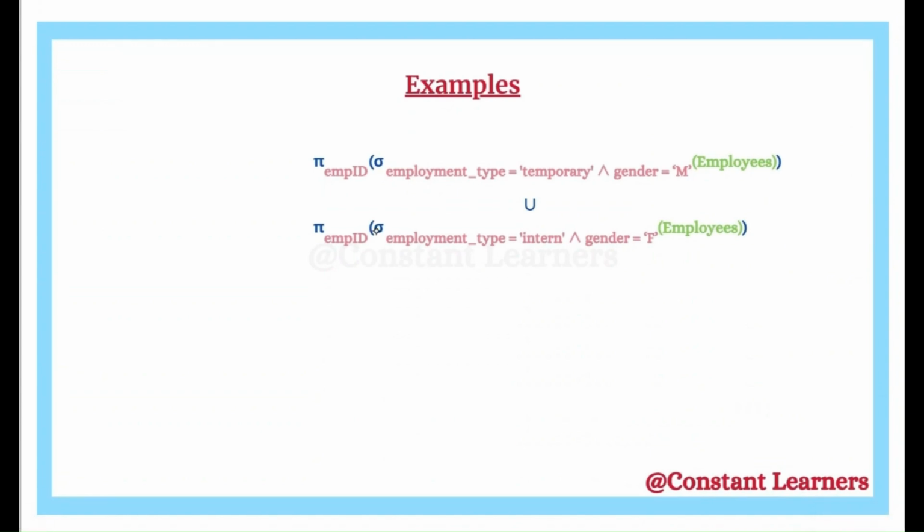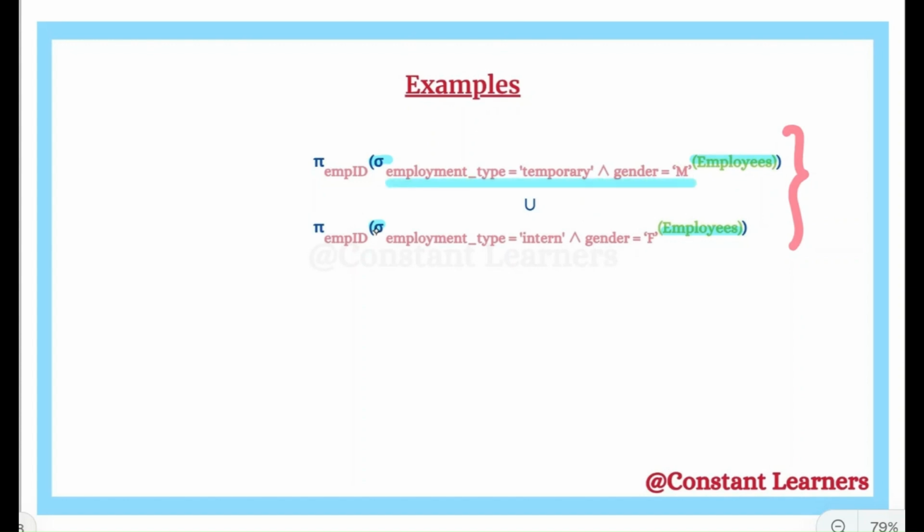We have this query that we discussed while learning about the union operation in relational algebra. This is the entire query, right? Now it is fairly complex, but there are far more complex queries. In this case, we have a relation employees, right? Now in this relation, we are selecting the rows where employment type is temporary and gender is male, right?